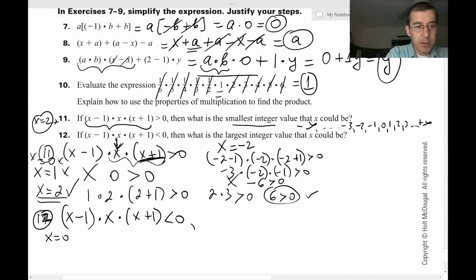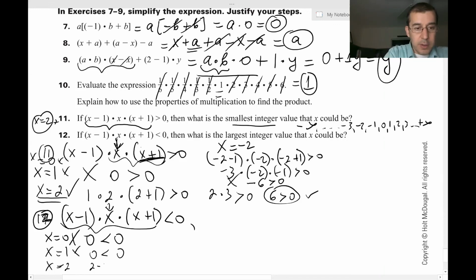So we have 0 minus 1 is minus 1. Well, x is 0, right? If x is 0, we get 0. So 0 is not less than 0, so it doesn't work. Okay, let's try positive 1. Well, right here, 1 minus 1 is 0, so we get 0 again. So 1 doesn't work. How about 2?